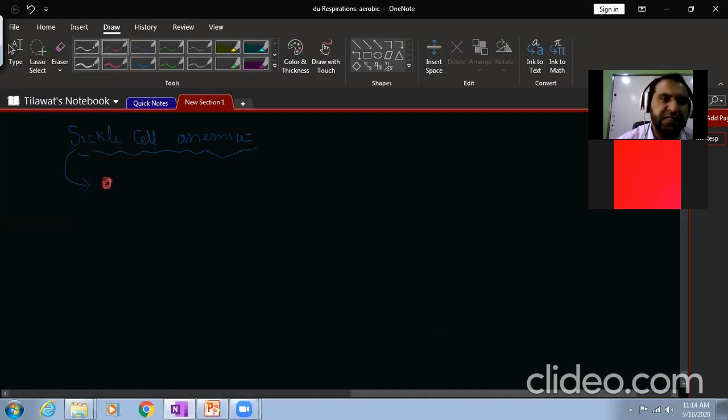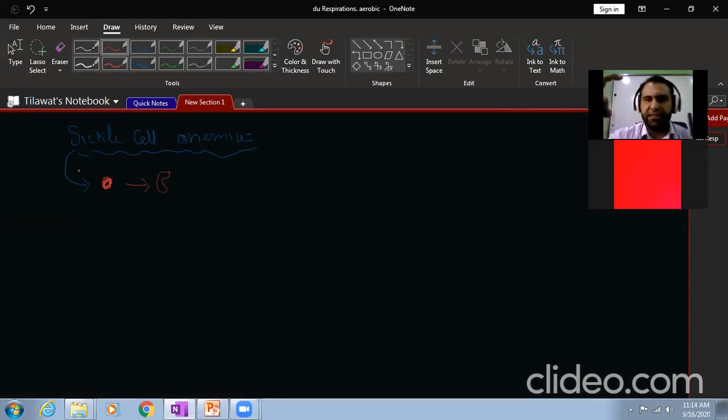For example, this is a red blood cell, and it will become sickle shaped, just like a crescent shape. A sickle is a special instrument, right, that we use for cutting grass. The shape of it is just like this. That's why the name given to it is sickle shape.